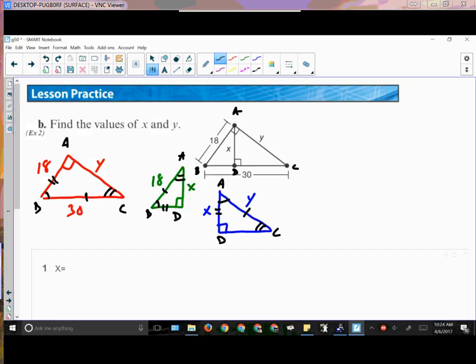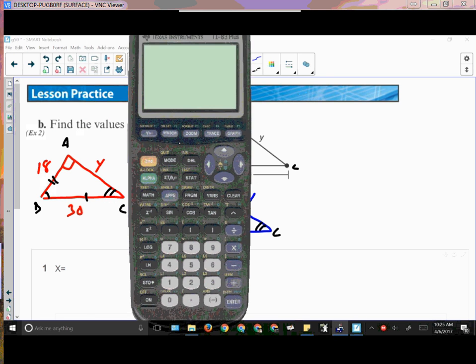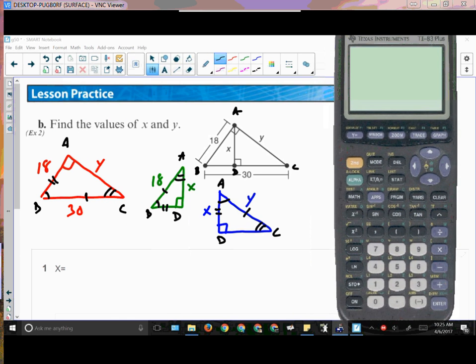By the way, could I figure out Y now? What kind of a triangle is this? Right triangle. So could I use the Pythagorean theorem to figure out what the Y is going to be? Okay, so that means I would have 30 squared.